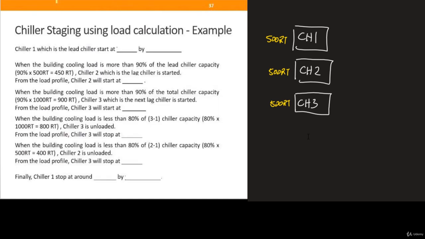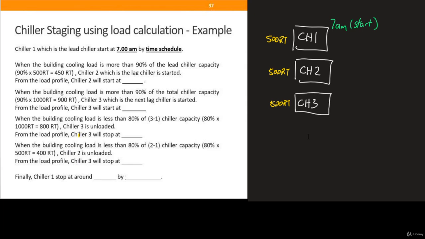Chiller 1, which is the lead chiller, will start at 7 AM. It will start at 7 AM because of the time schedule, which is over here. So no matter what, every day at 7 AM it will start the lead chiller. Your load will start to increase, to a certain amount, that means 90% of the chiller capacity.